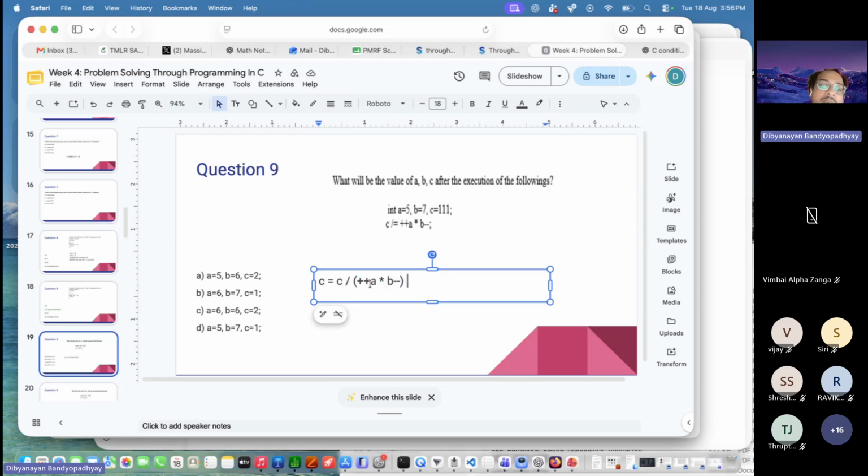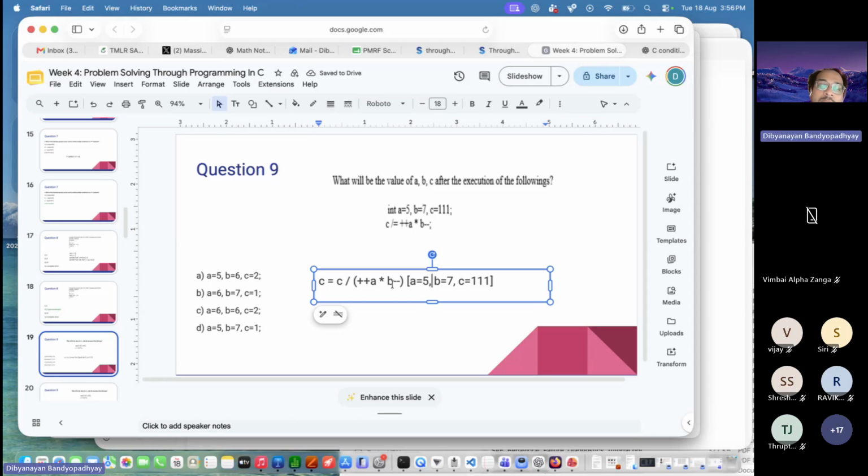So this is a pre-increment operator. What is the value of A and B before the operation? A is equal to 5, B equal to 7, and C equal to 111. So this is the before-operation state.